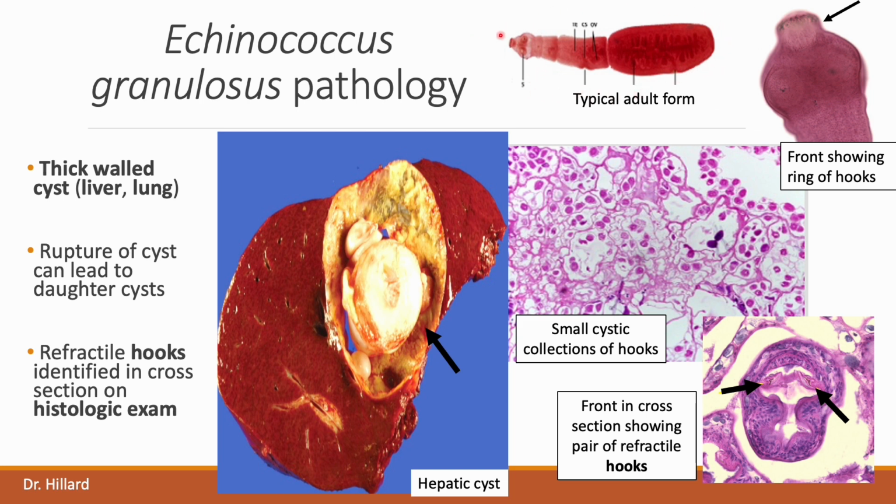And if we look closely at the front, we will see a ring of hooks. And finally, on histologic examination, you will see numerous small cysts. And if we look in these cysts, there are parasitic forms in cross-section in which refractile hooks can be identified.